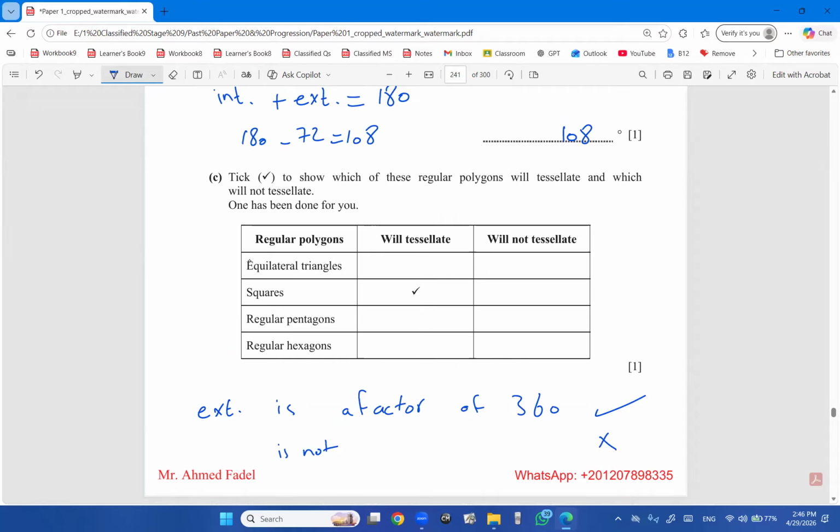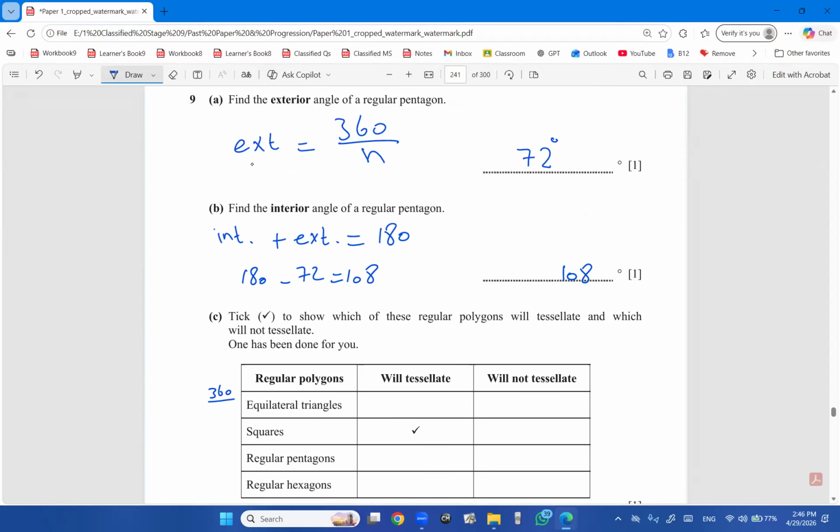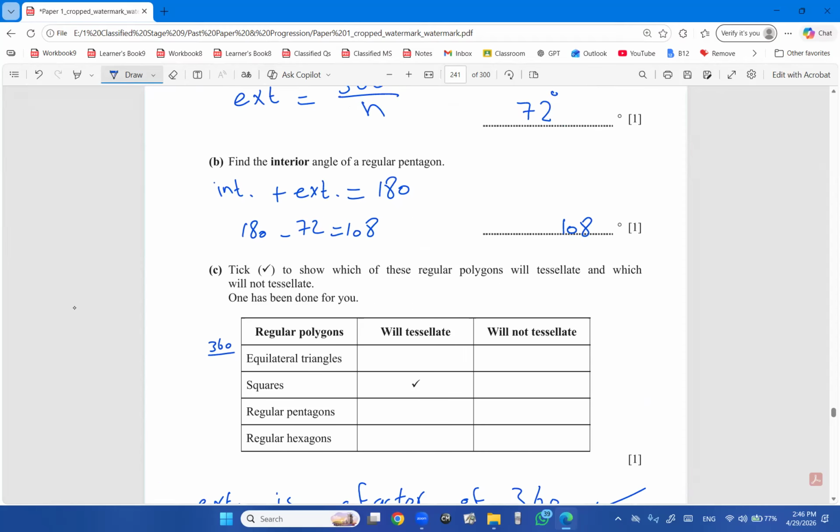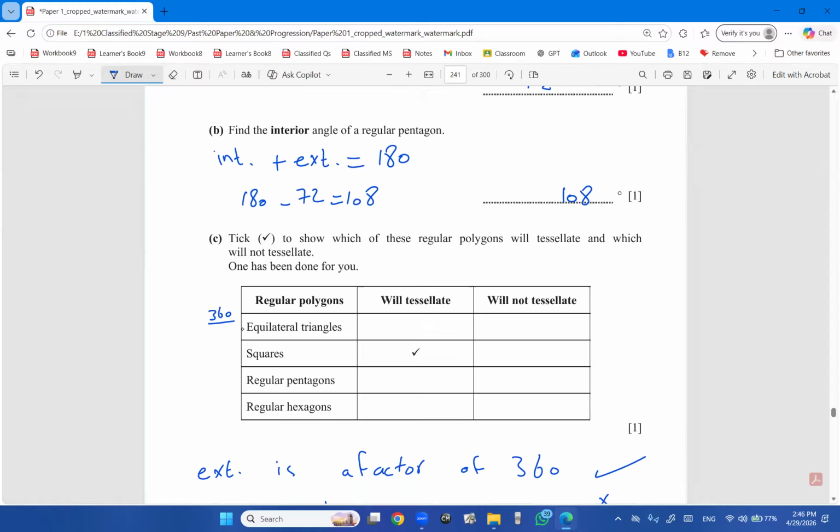So let's check over here. Equilateral triangle. To find the exterior, it is 360 divided by the number of sides, as we said earlier. Exterior equals 360 over n. So 360 over the number of sides, which is 3, gives 120. 120 is a factor of 360. So yes, it will tessellate.